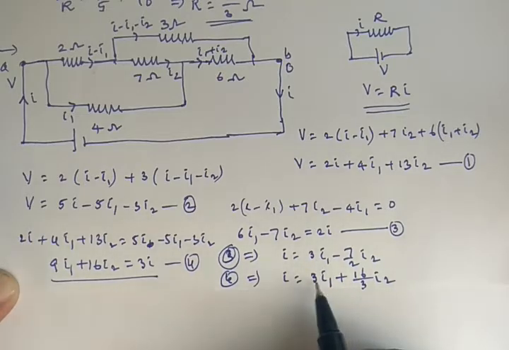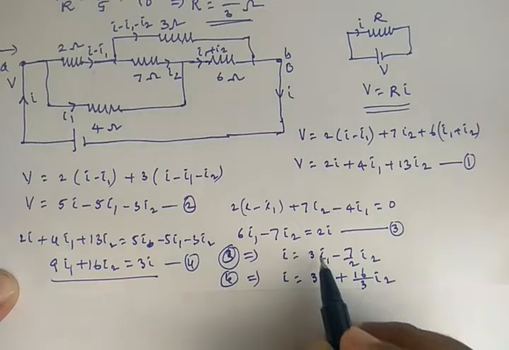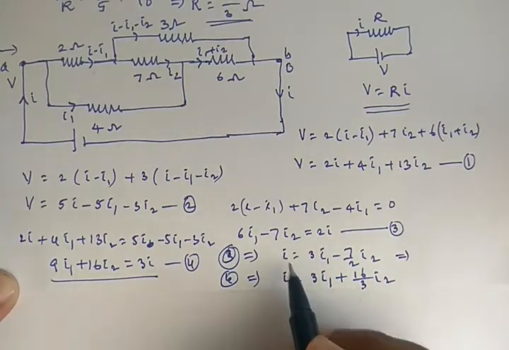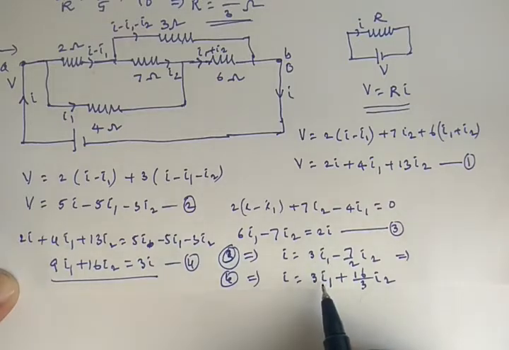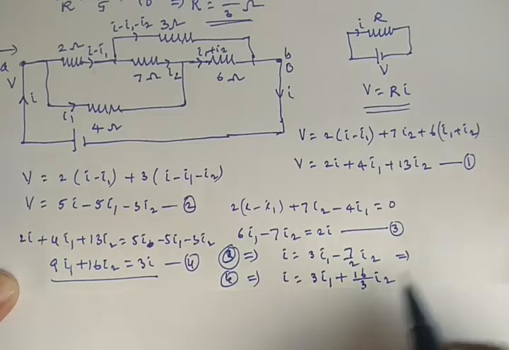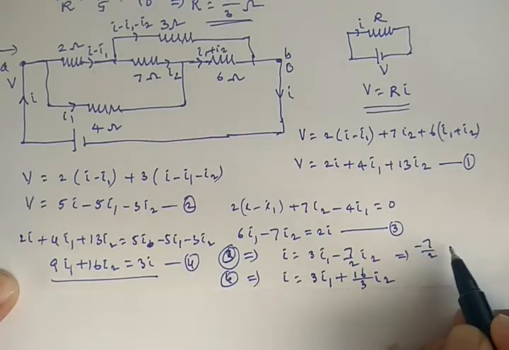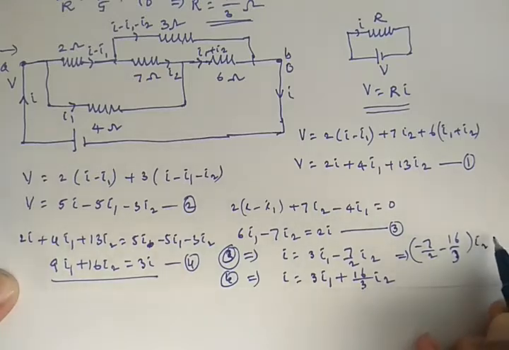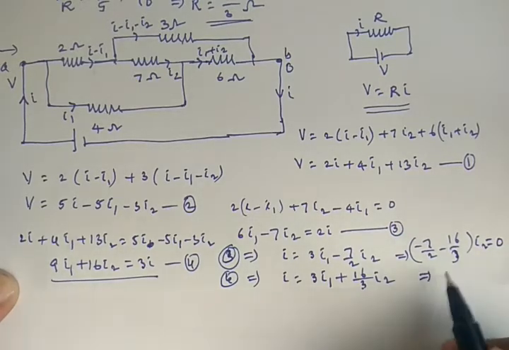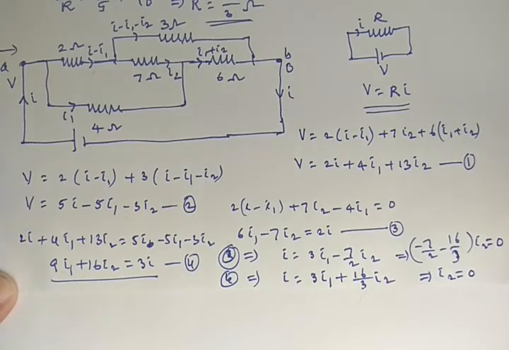If I remove this second equation from this, then I minus I will be 0, and 3i1 minus 3i1 will be 0. Then this minus that will be minus 7 by 2 minus 16 by 3, I2 becomes 0. Then it means I2 is 0.